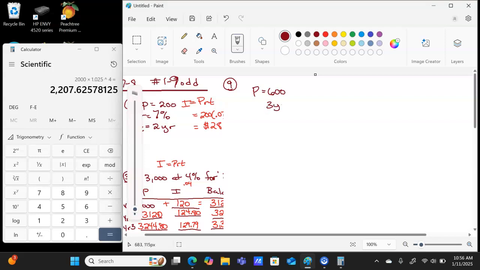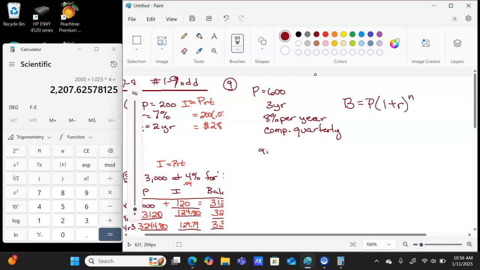So for 3 years, the interest is 8% per year, and it tells me it is compounded quarterly, which means 4 times per year. So we're going to use this equation, but they're going to walk us through finding the things to put in that.